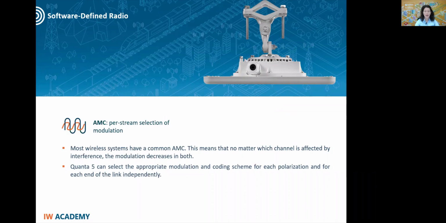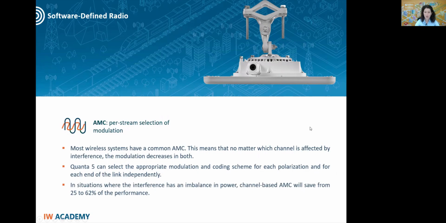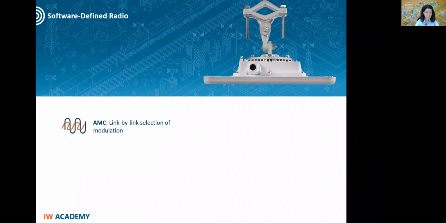Quanta 5 can select the appropriate modulation and coding scheme for each polarization and for each end of the link independently. When there is no interference, or if the interference has the same power in both polarizations, the effect will not be noticeable. But in situations where the interference has an imbalance in power, channel-based AMC will save from 25 to 62% of the performance.